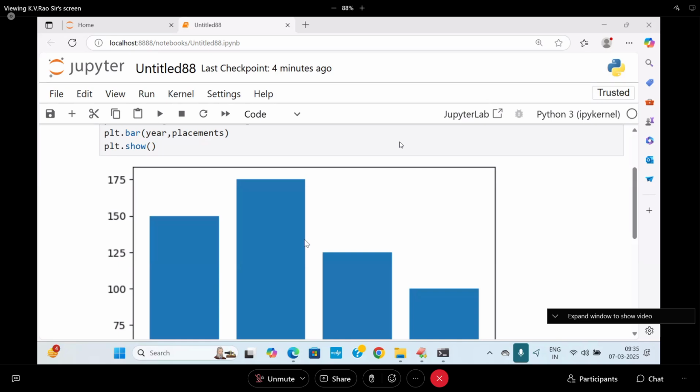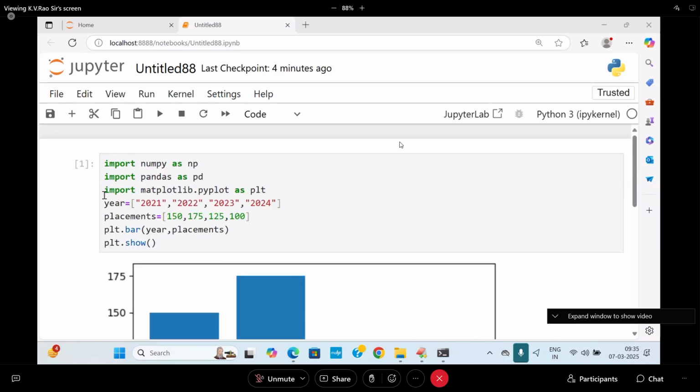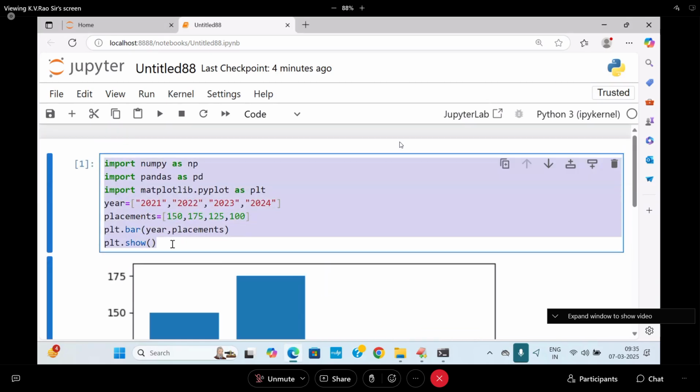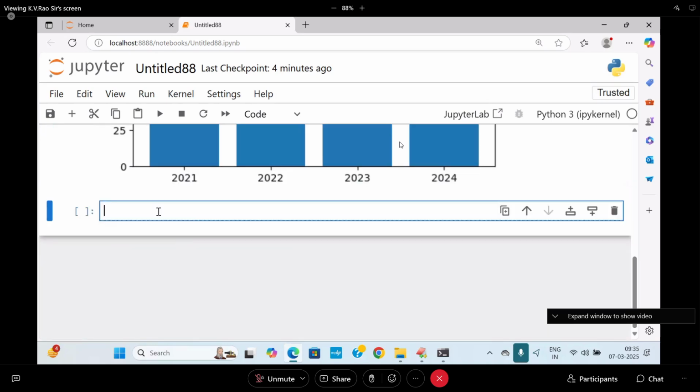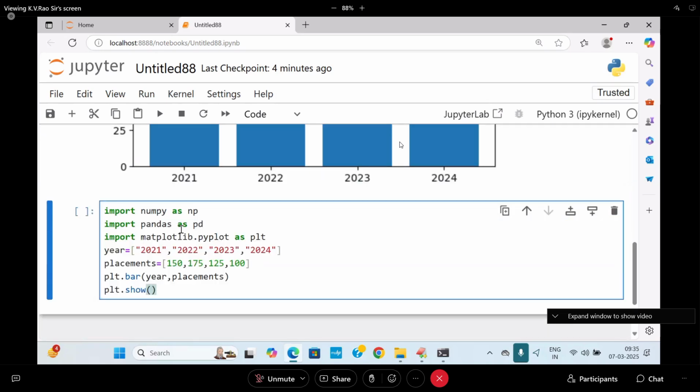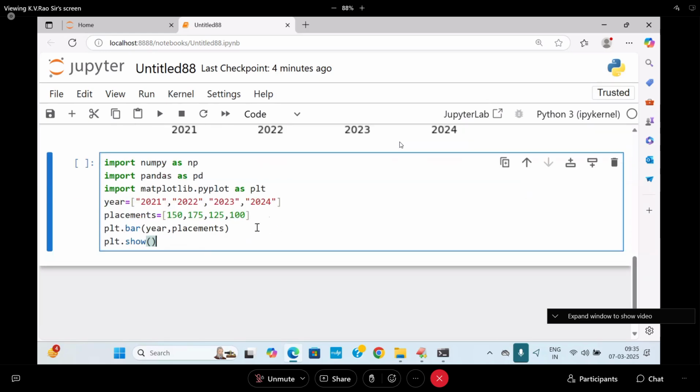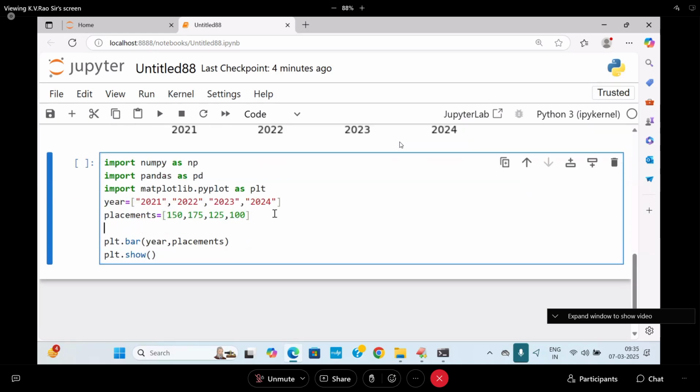Are you following? Now, next, I want to go for the same category of this information. I will start with the CSC related data. So, students, I'm going to take CSC.